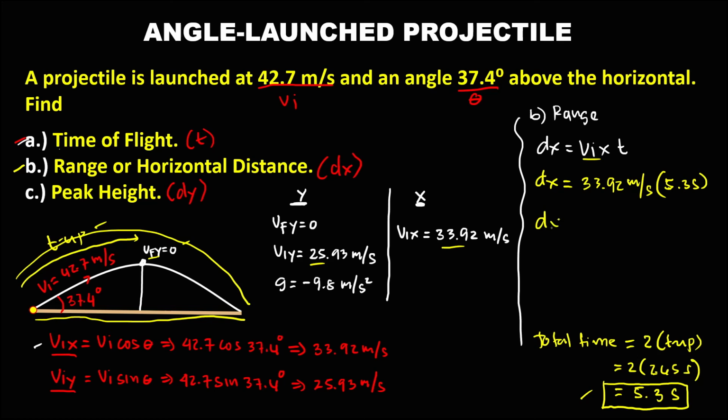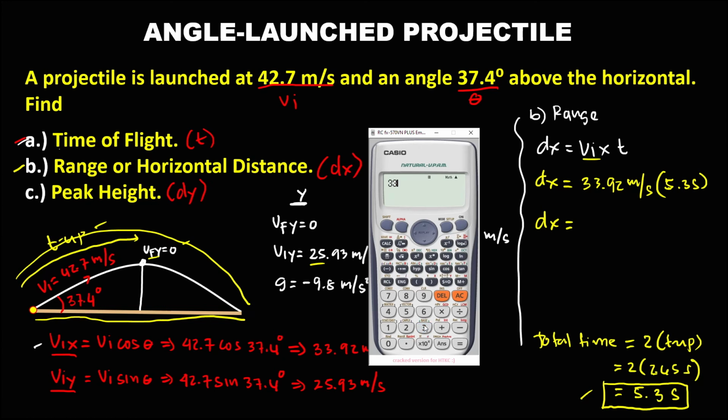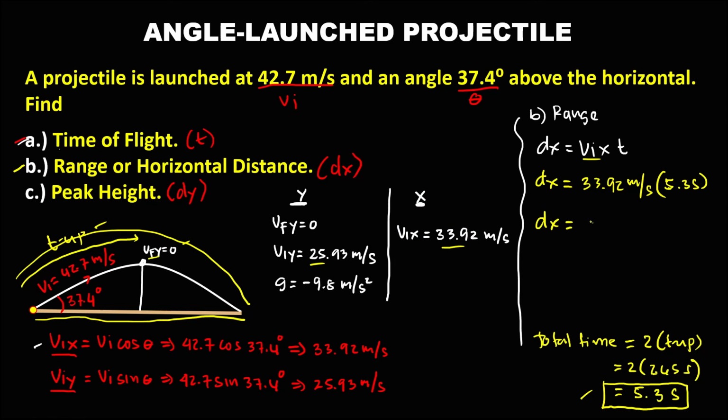Then dx, or the range, equals 33.92 times 5.3, that's 179.78 meters.